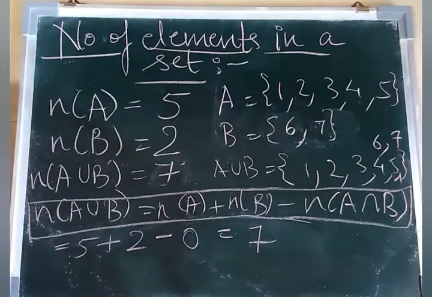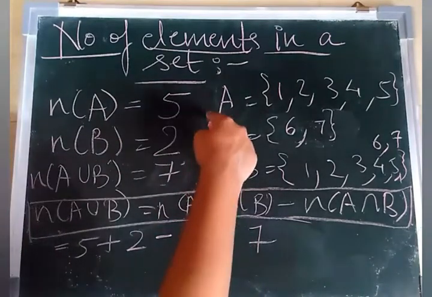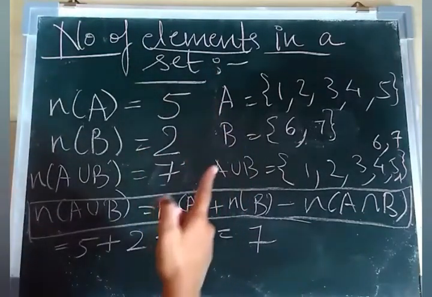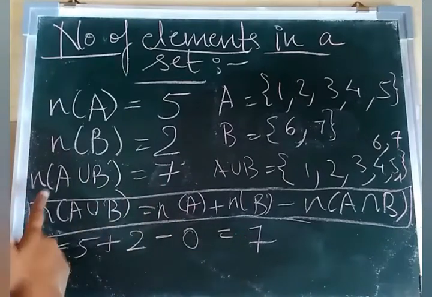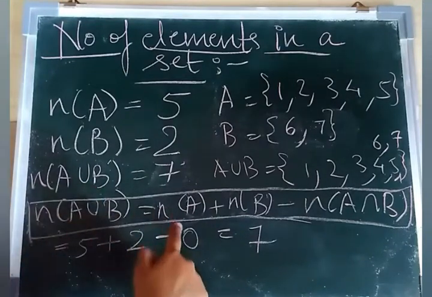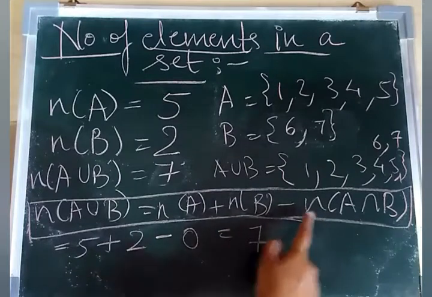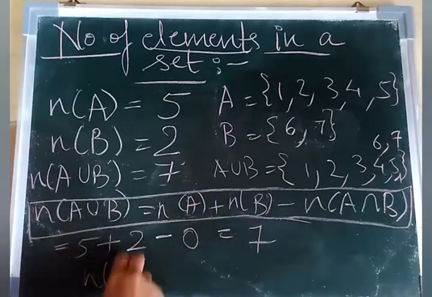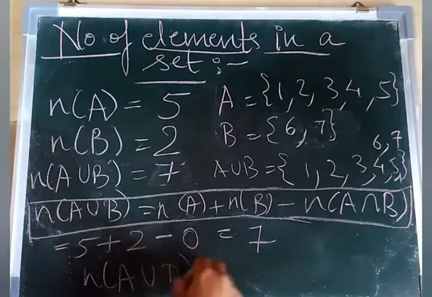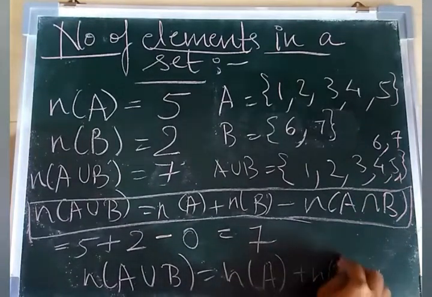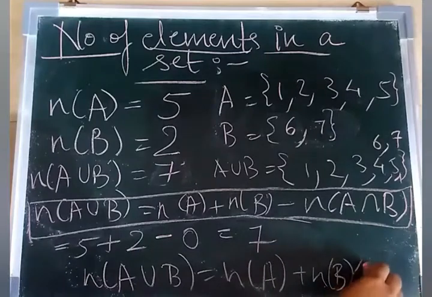So one thing is that when we have A intersection B to be a null set, or if we know that A and B are disjoint sets, then N of A union B is the same as N of A plus N of B minus 0. That means N of A union B is equal to the addition of the number of elements in both the sets. When is this true?